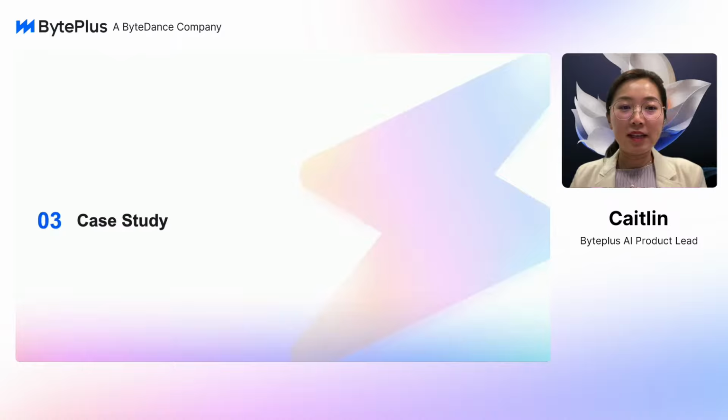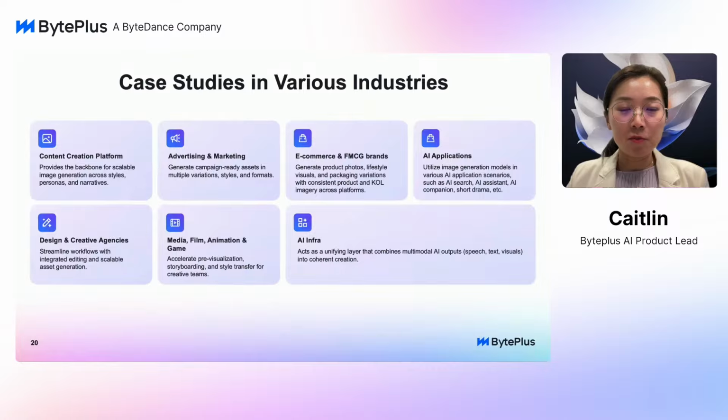Yeah. And here we also shared some of the case studies that we've seen from our clients, and we work with different enterprise clients from different industries. And here are some of the cases that we have seen success. So, for example, the content creation platforms are using Seedream 4.5 to equip their users with stronger tools to do image creation.